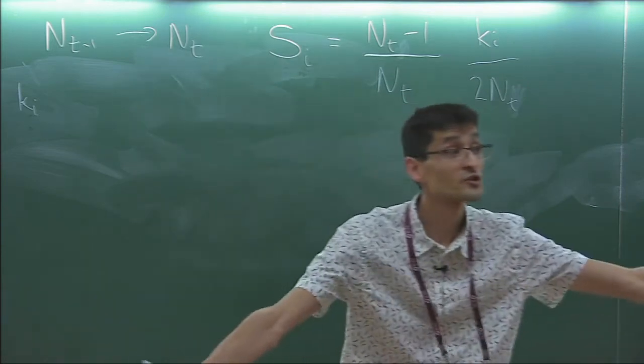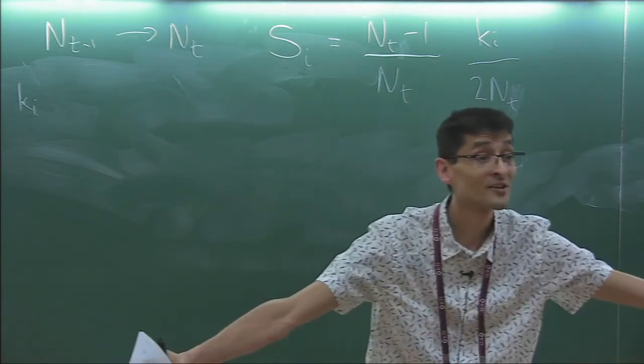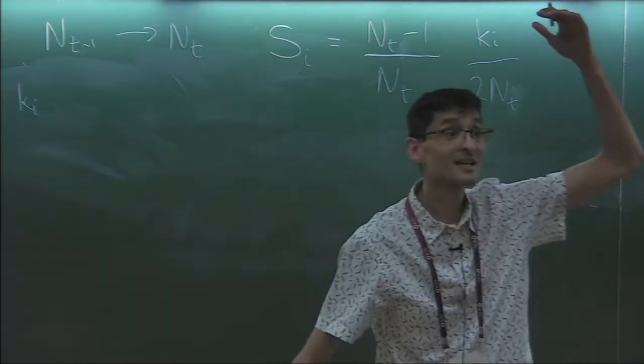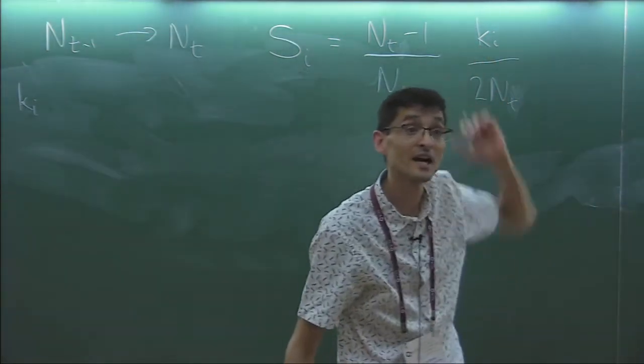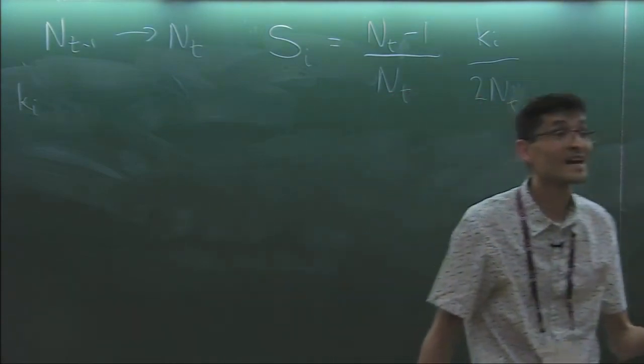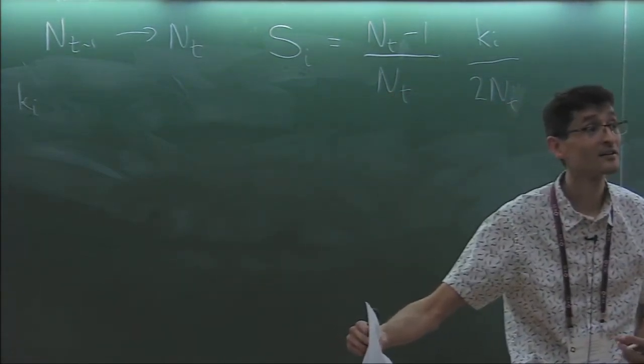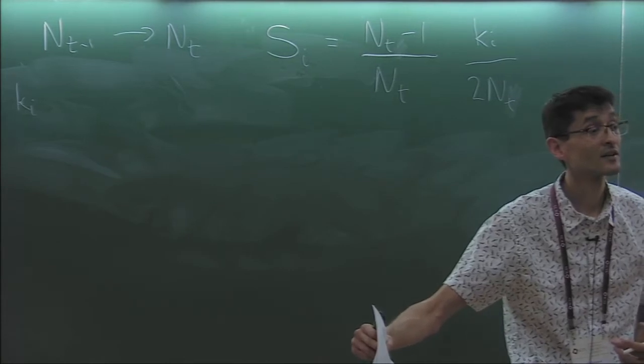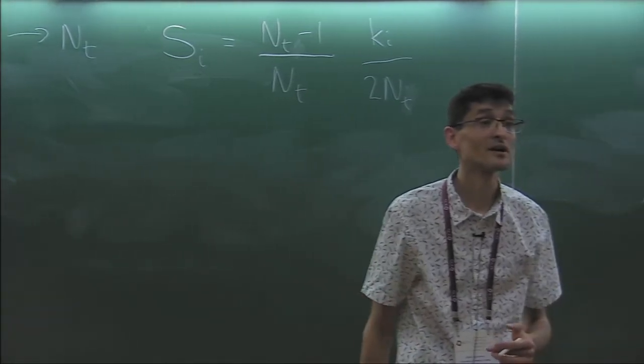There's 2n alleles right now. Ki of them came from the ith parent. What's the chance that the second one came from that same parent?